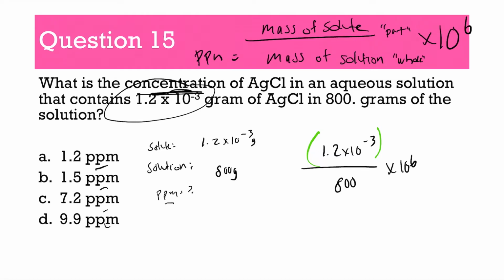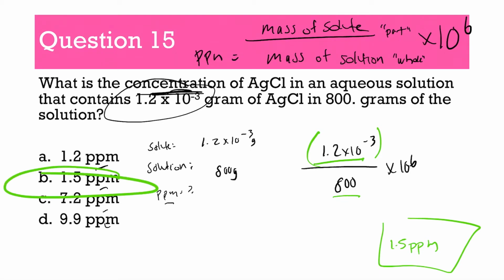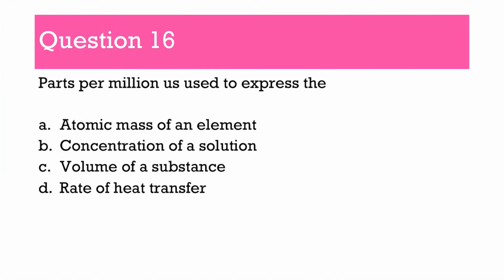Now, if you're plugging this into your calculator, you need parentheses around that scientific notation. I like to do this divided by that, hit enter, then times 10 to the 6th, and you get 1.5 ppm, which is answer choice B. Again, one of the hardest parts of these questions is properly plugging it into your calculator.